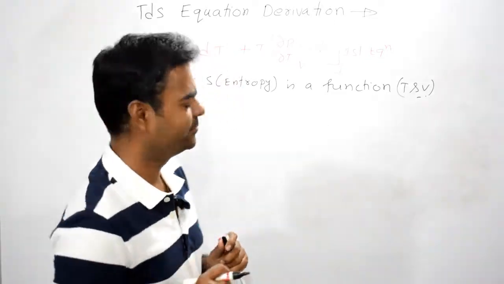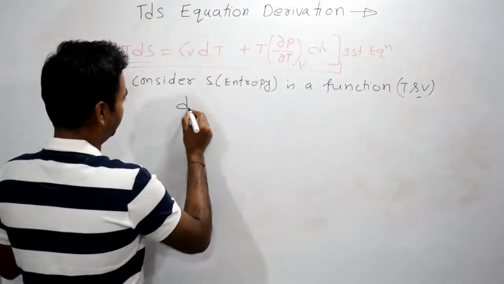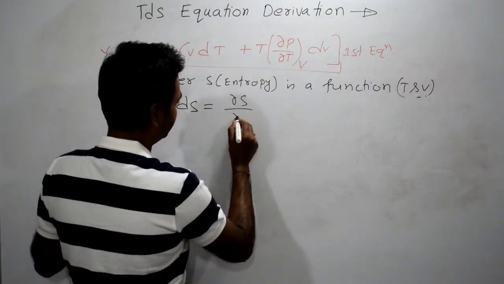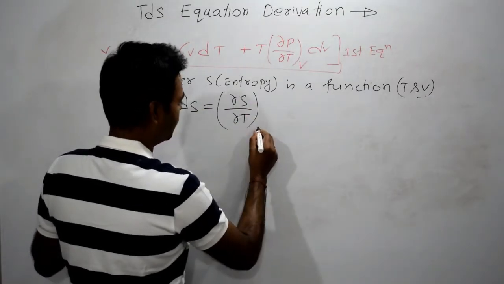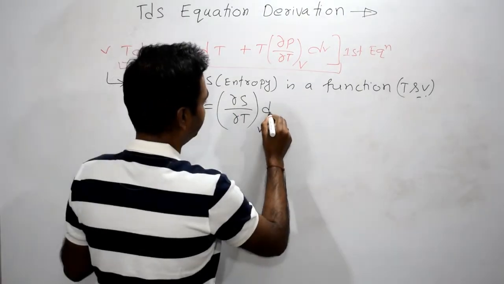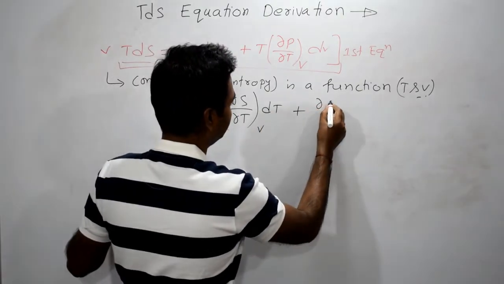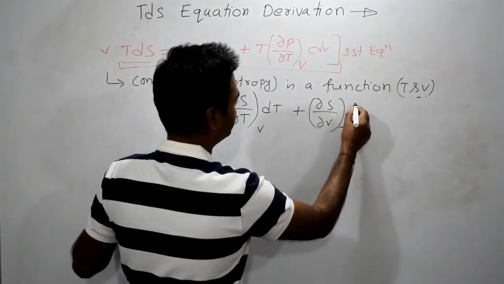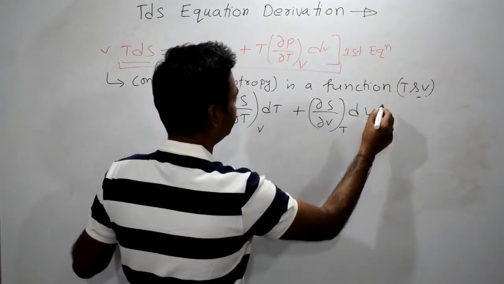So let me write that. dS is equal to (∂S/∂T) at constant volume dT plus (∂S/∂V) at constant temperature dV.